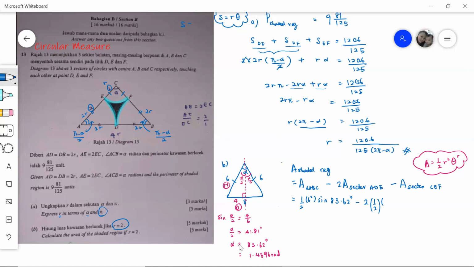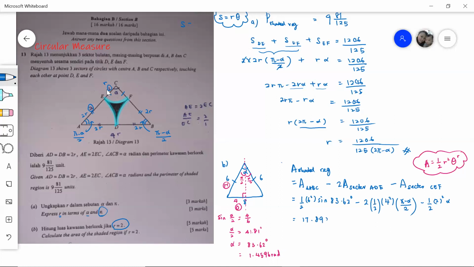The r is the big sector, the r is 2, so 2 times 2, 4, so 4 squared, and the angle is pi minus alpha over 2. And then minus half r squared, the small sector, the radius is 2, so 2 squared. The angle is alpha.